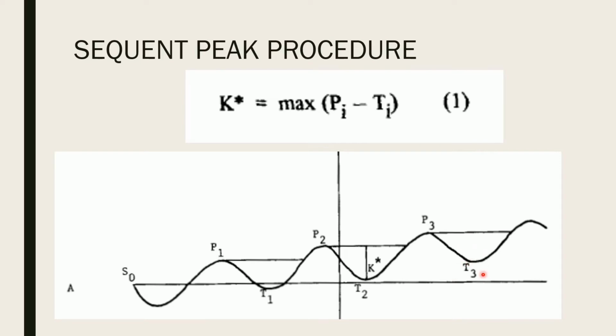So now we will use the formula to get the greatest difference in value between a peak and its subsequent low.